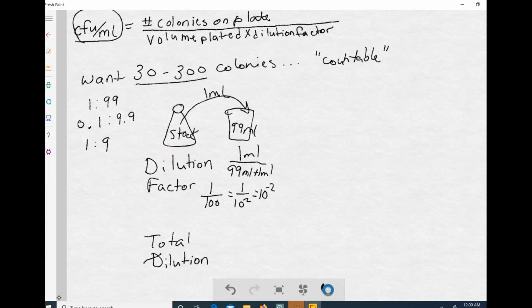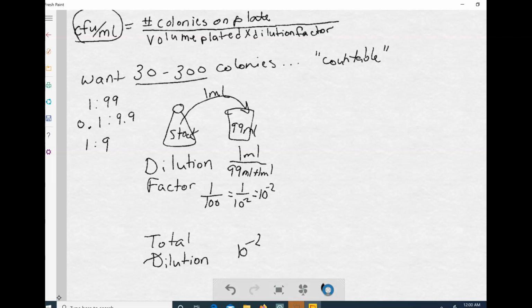So my dilution factor for this particular dilution step, where I took 1 milliliter and put it into 99 milliliters, is 10 to the negative 2. I've so far only done that dilution, so at this moment my total dilution is also 10 to the negative 2. Now let's see what would happen if I did this again.